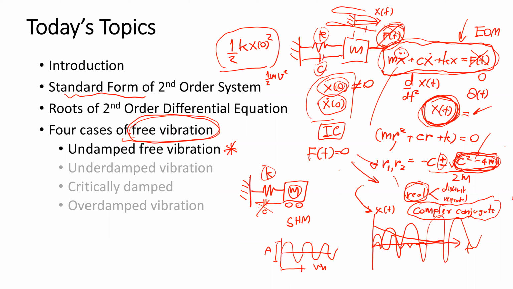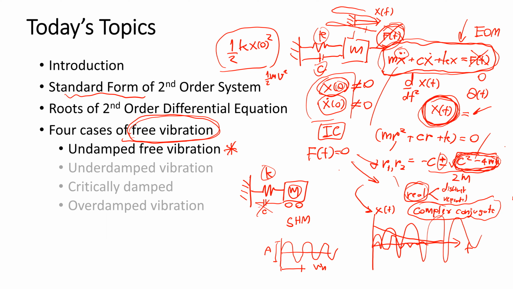In another way, if you begin the system in the initial state where x0, the initial position, equals 0, but you add velocity, when the time equals 0 you suddenly add the initial velocity, so x equals 0 but x dot has a velocity.